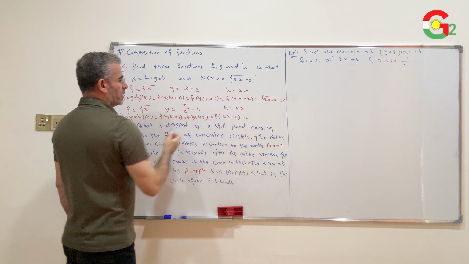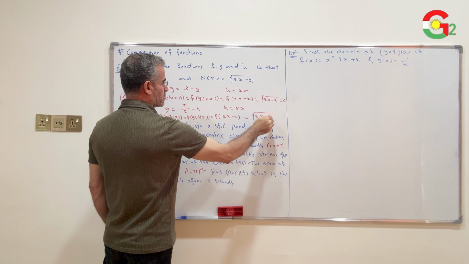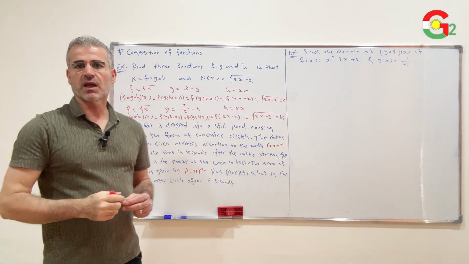Then f of 2x minus 2 is also square root of 2x minus 2, equal to k. And just like this.